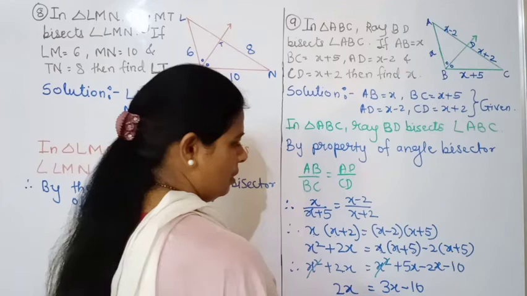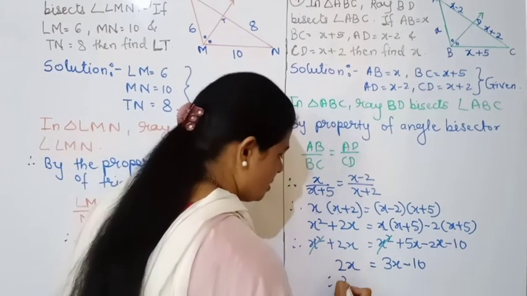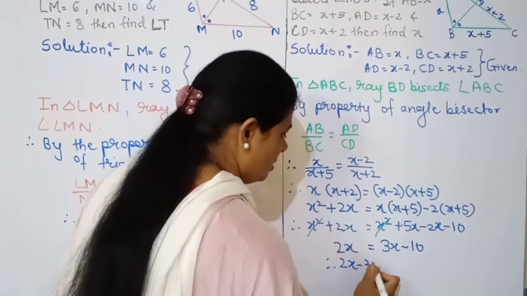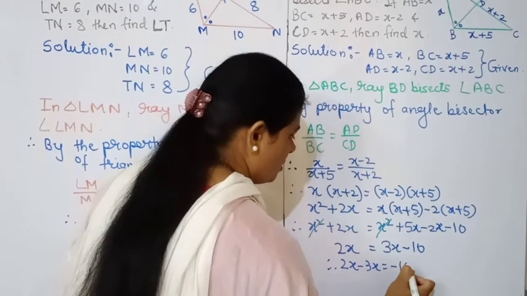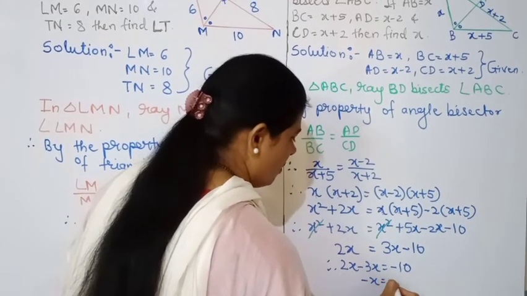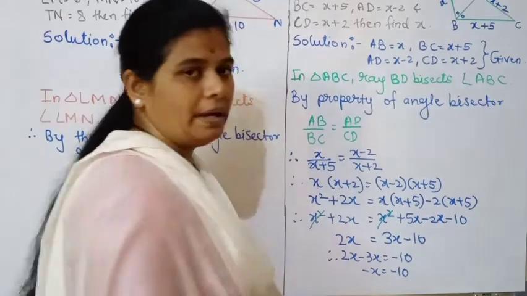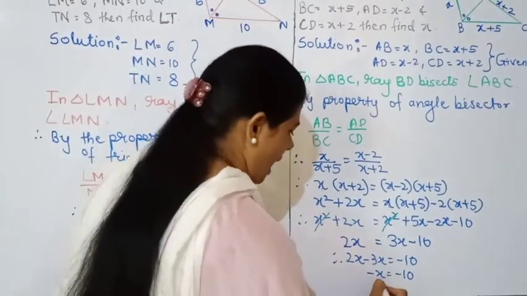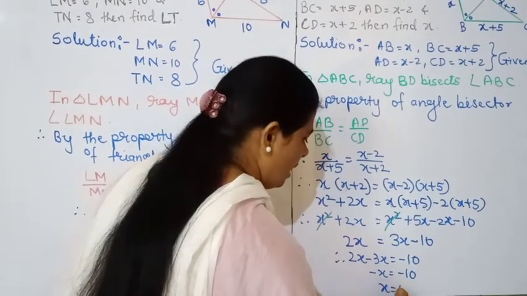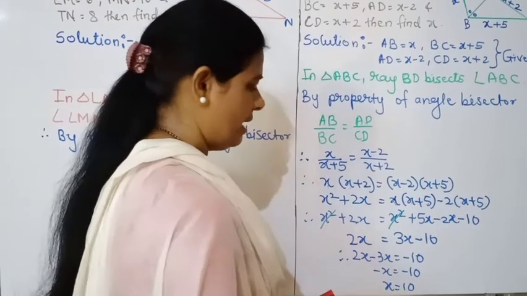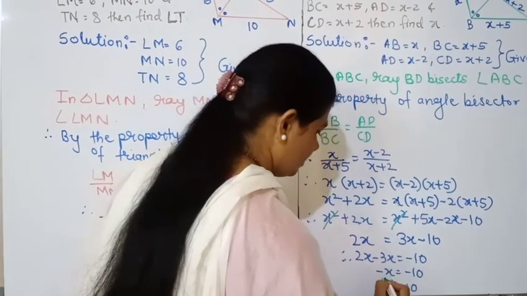Okay, now what we'll do, 3x will shift towards the 2x, so that will be 2x minus 3x equal to minus 10. So minus x equal to minus 10, the minus signs will get cancelled and at the end we will get the value of x, that is x equal to 10.